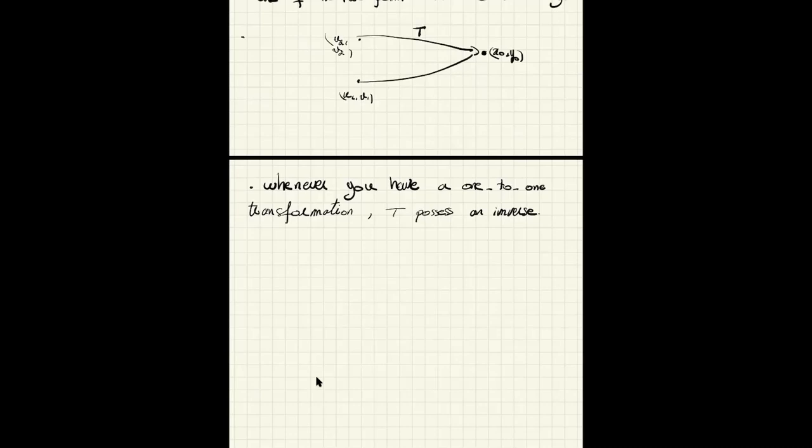But when this does not happen, you can have an inverse function. It's well defined. And the thing with this inverse is if you apply T and then you go back, you return to the start. So that's the inverse. It does not always exist, but it exists sometimes.